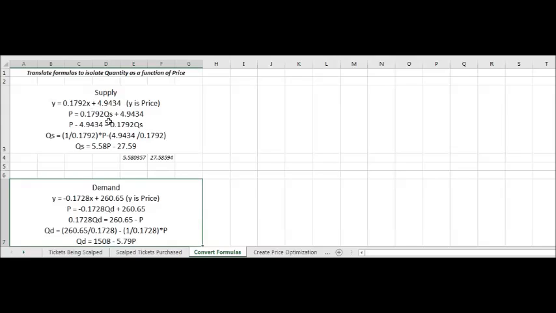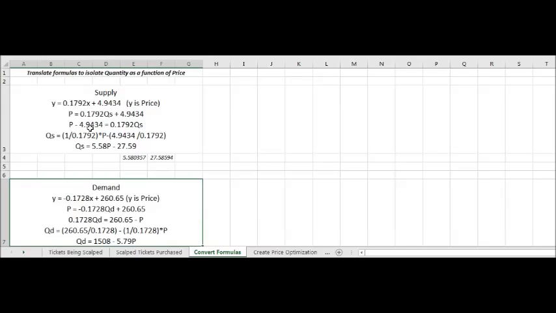So the first thing we do is we begin to use the variable letters that we use in price optimization. Y becomes P, and X becomes, in this case, quantity supplied, because this is from the ones that we're trying to scalp. So these are the suppliers, and this is the formula representing their willingness to supply at a given price.